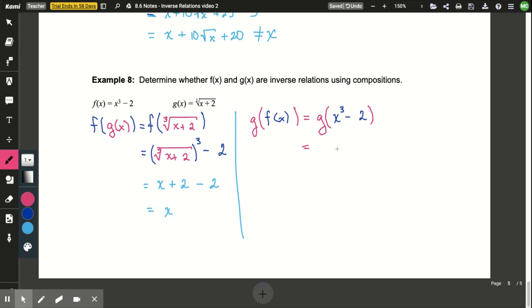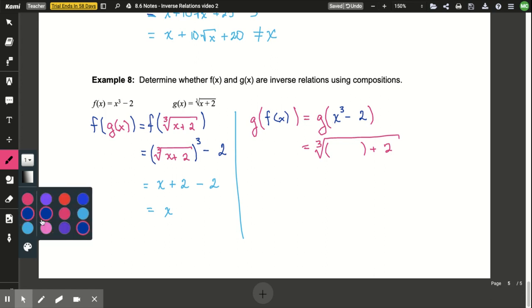And now I need to bring the g function in there. So my g says a cube root, and then it says x plus 2. But in place of the x, of course, I'm going to put a blank so I can fill it in with what I'm supposed to replace the x with from my previous step there. So that would be x cubed minus 2.